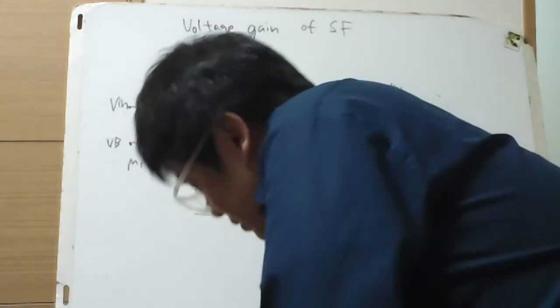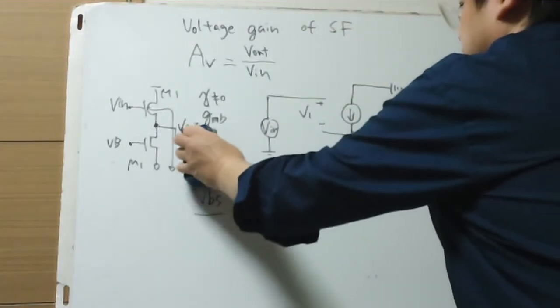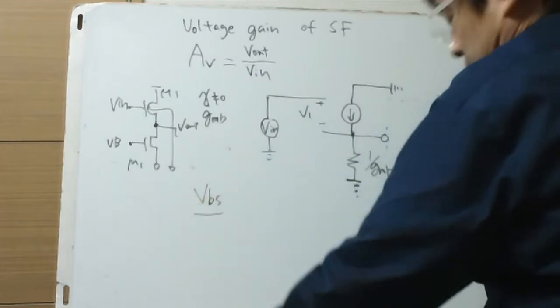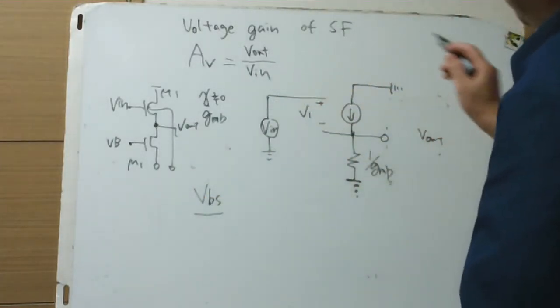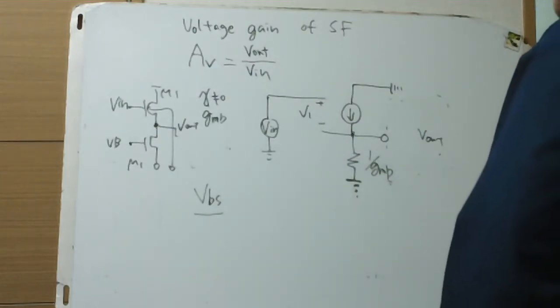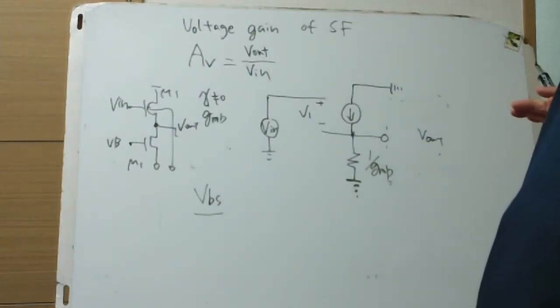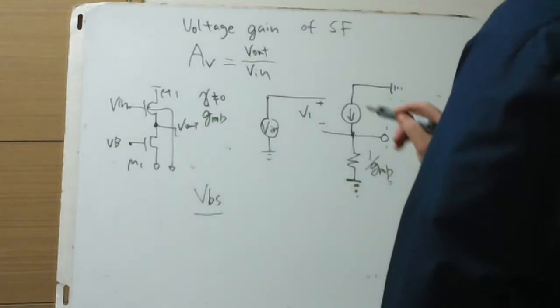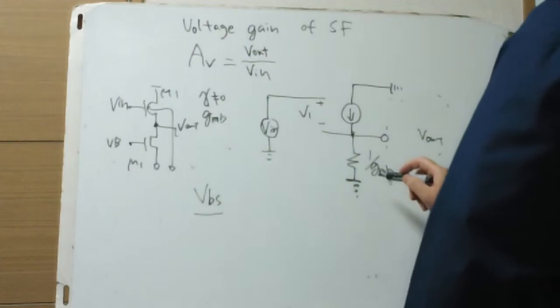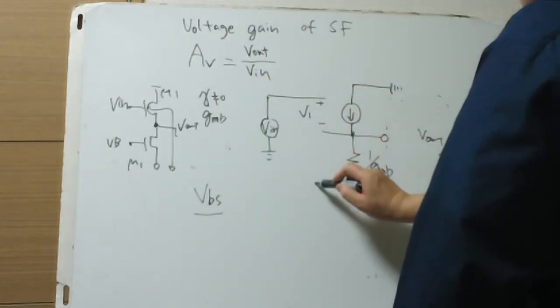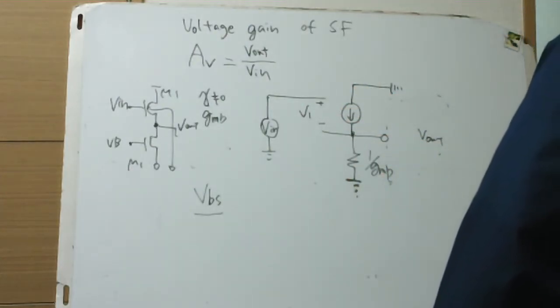Capital alpha doesn't exist there this time, but we can develop a method to simply calculate that for these cases, and that is the Thevenin equivalent of this.